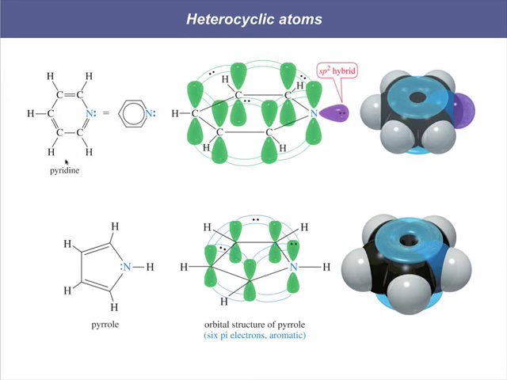In pyridine, these electrons sit in a sp2 hybrid. That nitrogen, since it's already making a pi bond, should be sp2, and it should be already using that p orbital to make the double bond. So these electrons cannot sit in the p orbital. They need to sit in an sp2 orbital. That keeps them out of the system. Notice that the sp2 orbital is perpendicular to the p orbital.